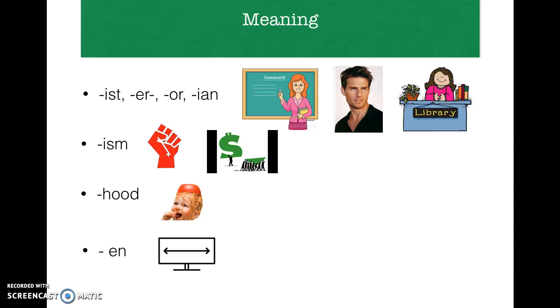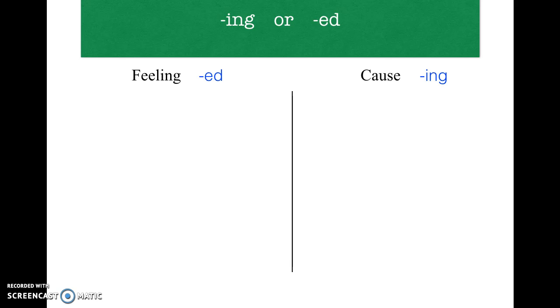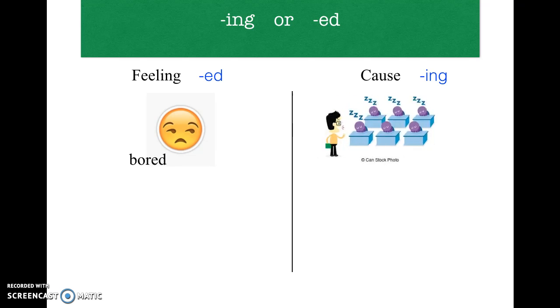Now with ING or ED adjectives, okay, the feeling itself, so think of the emoji, bored, this is going to be ED, but the cause, for example, a boring lecturer, it's going to be ING. Okay, so the cause ING, the feeling ED.